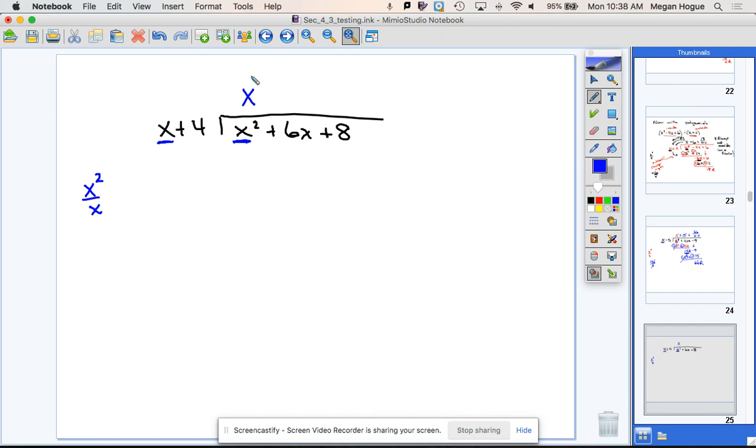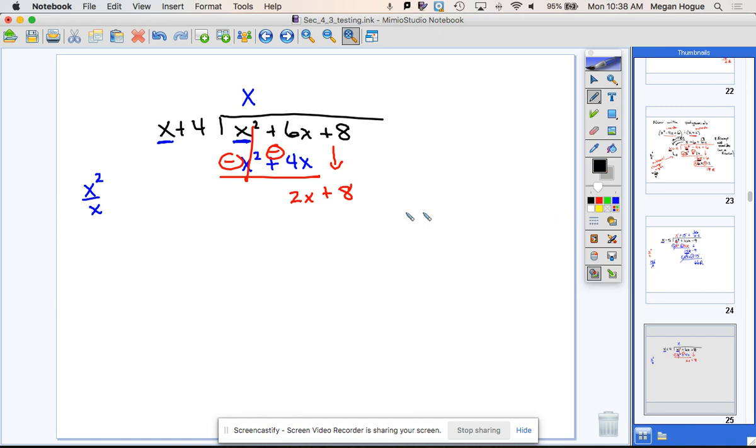I've got something up top, so I distribute. x squared plus 4x. Change the signs. The x squareds cancel. 2x. Bring down the next term.